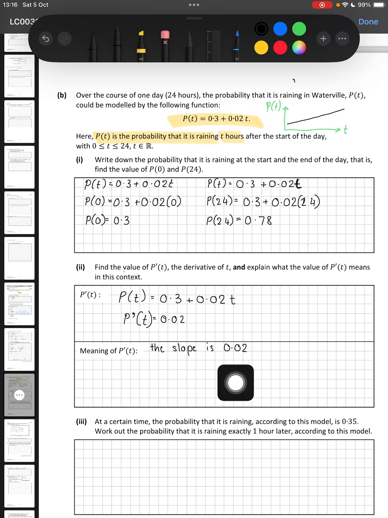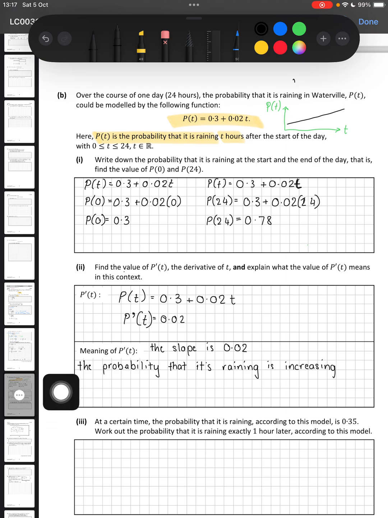So what is that showing me in terms of the probability of the rain after t hours? It's a positive slope, so the probability that it's raining is increasing. It's going uphill.